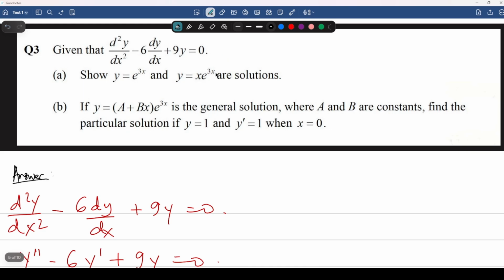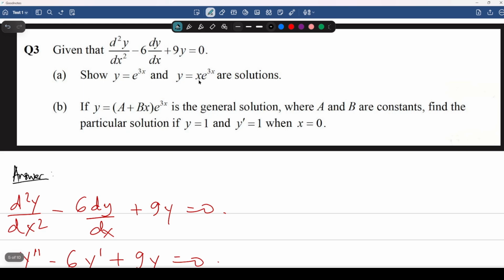One way to show that is by taking the derivative of each of these functions, the first and second derivative, as we have the dy/dx here and also the second derivative d²y/dx², and then see if, when you do the substitution, it will lead to equals 0.